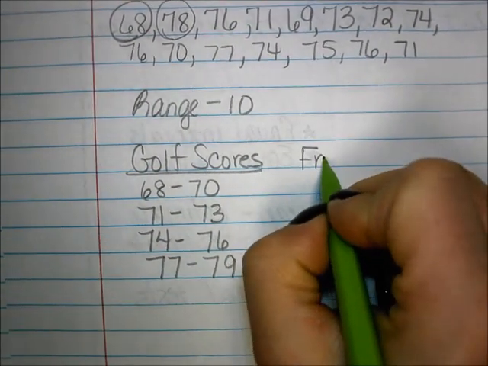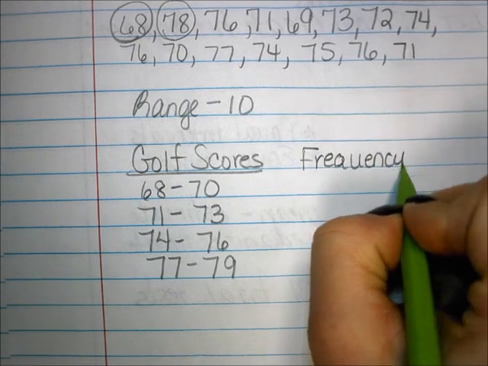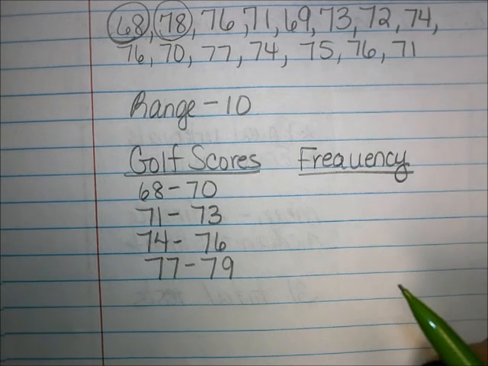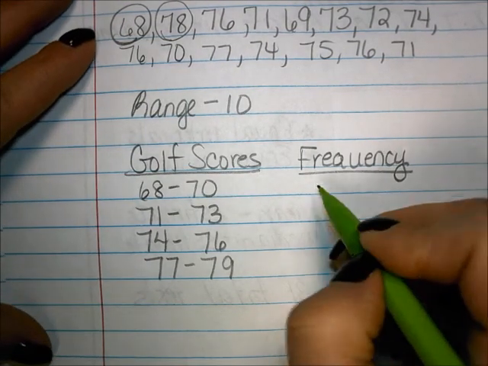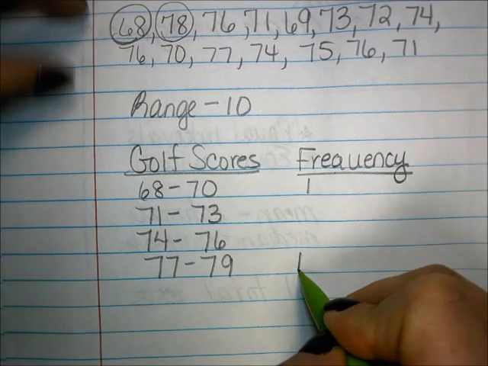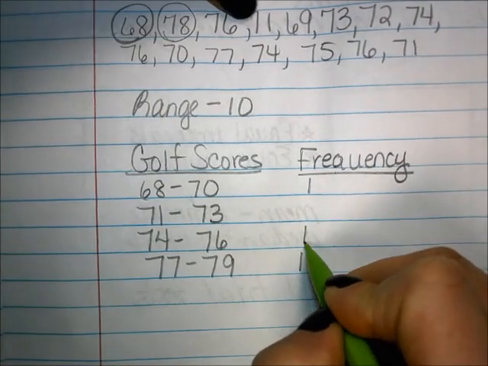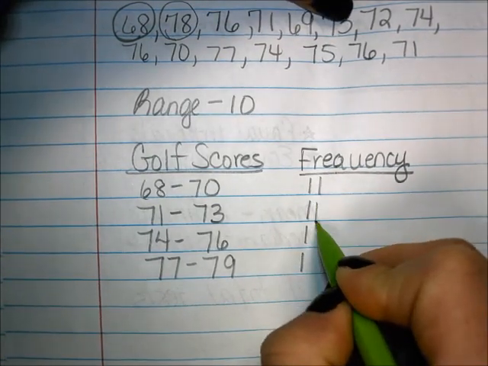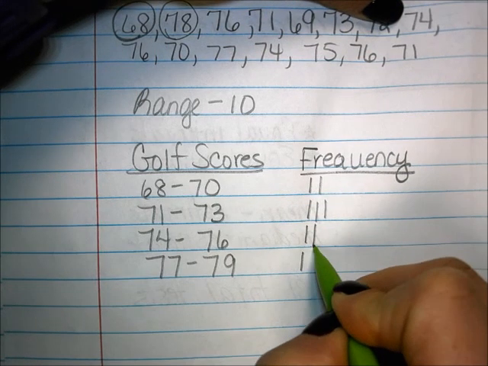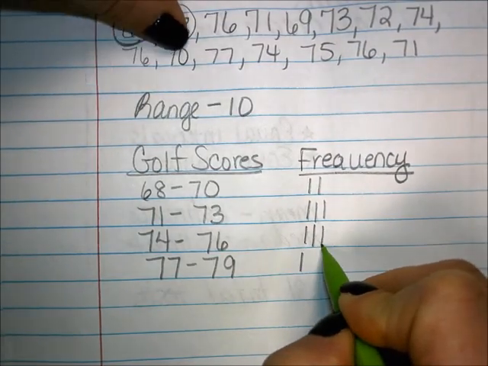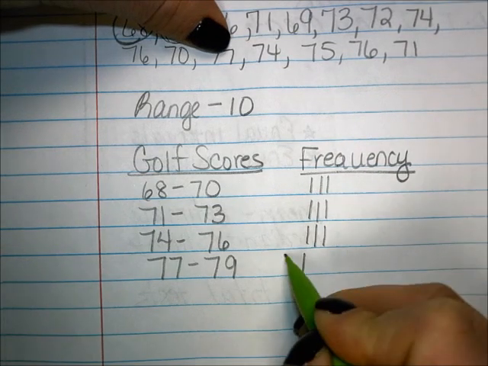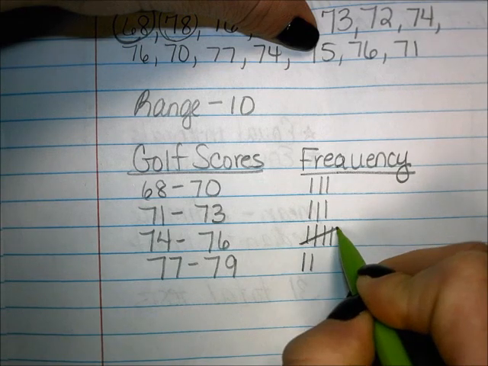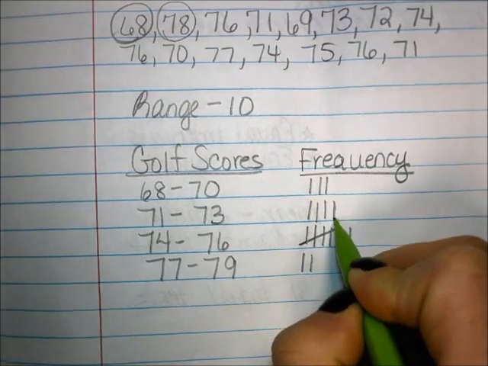Now, the frequency that these occur. It might be easy to do tally marks and then add them up. So 68 would fall here, 78, 76, 71, 69, 73, 72, 74, 76, 70, 77, 74, 75, 76, and 71.